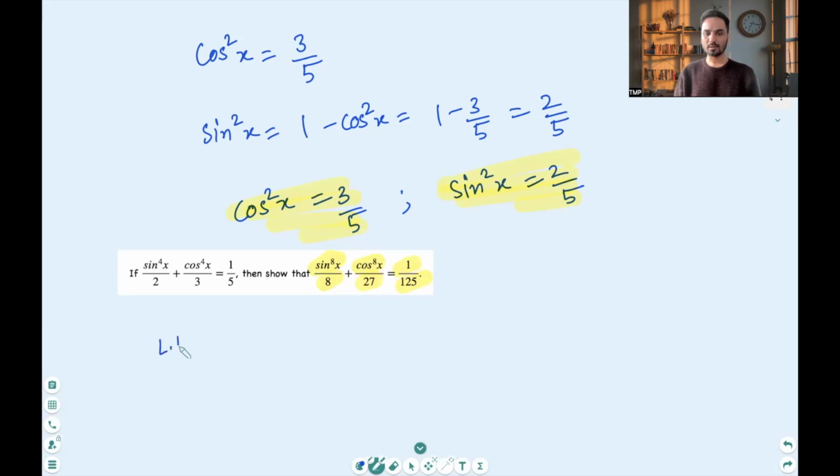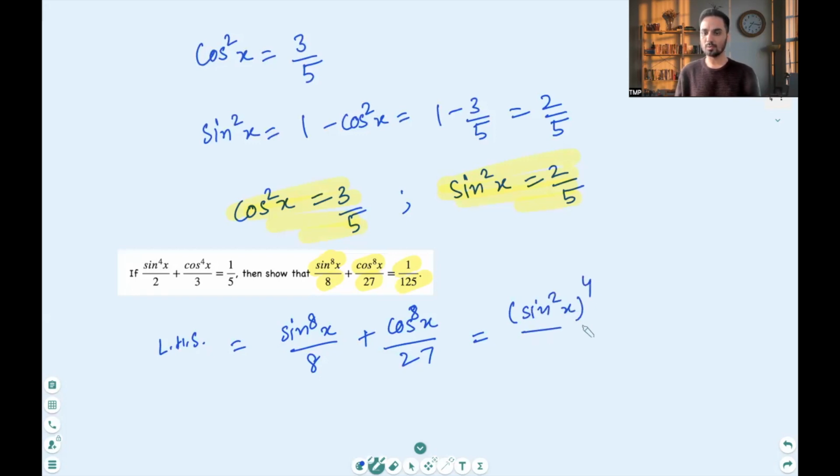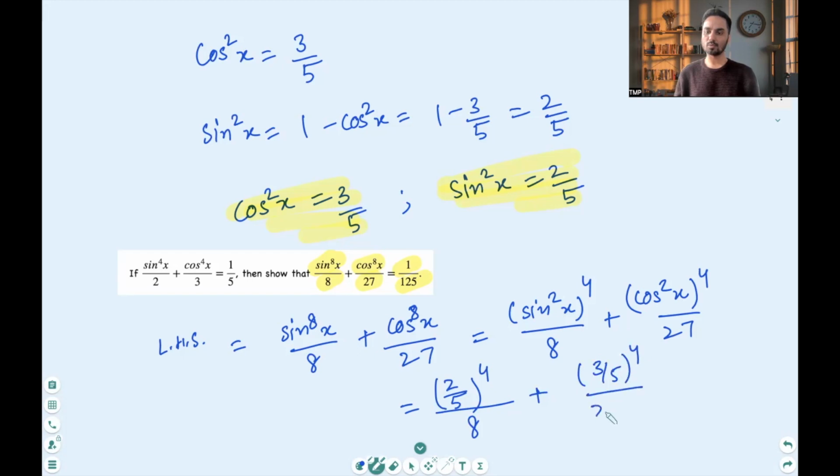So here in the left hand side, sin⁸x/8 + cos⁸x/27 can be written as (sin²x)⁴/8 and (cos²x)⁴/27. And sin²x value is 2/5, so (2/5)⁴ divided by 8 plus (3/5)⁴ over 27.